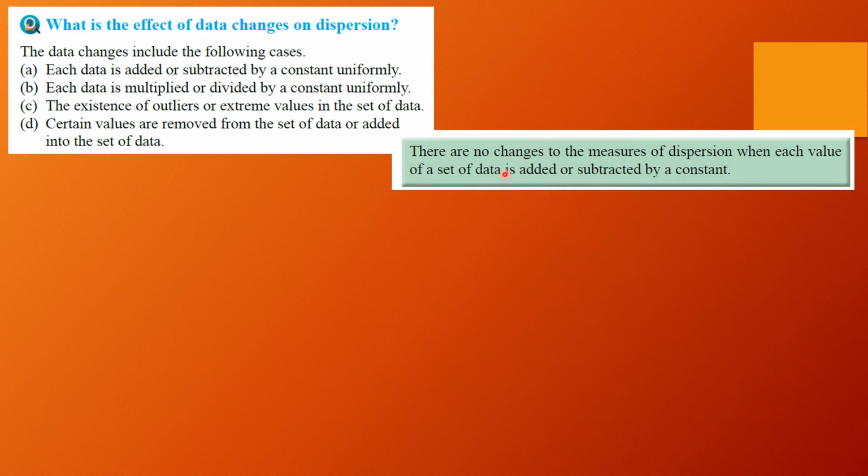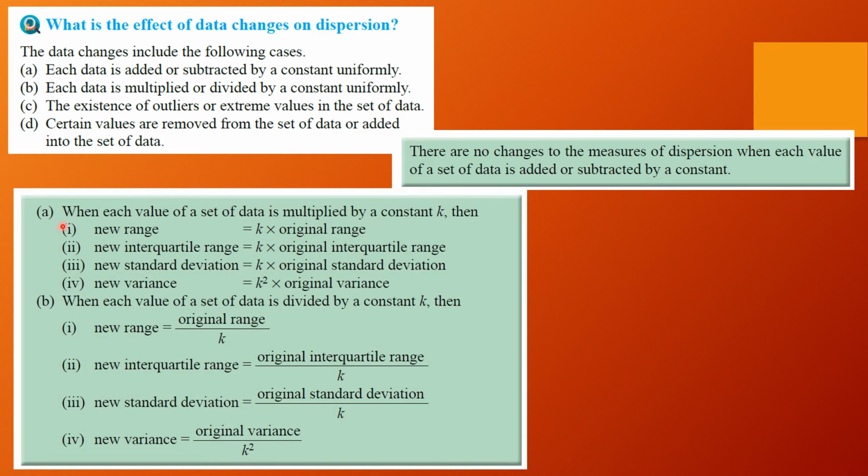There are no changes to the measures of dispersion when each value of a set of data is added or subtracted by a constant. When each value of a set of data is multiplied by a constant k, then the new range will be k times the original range.